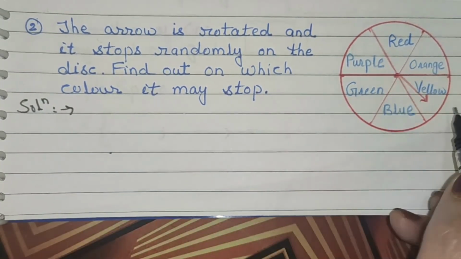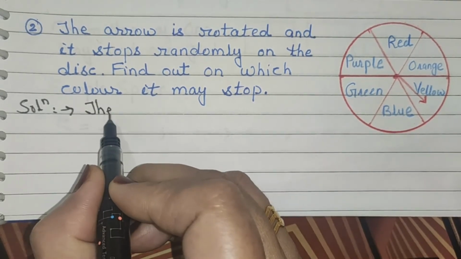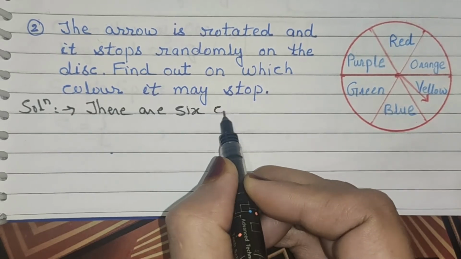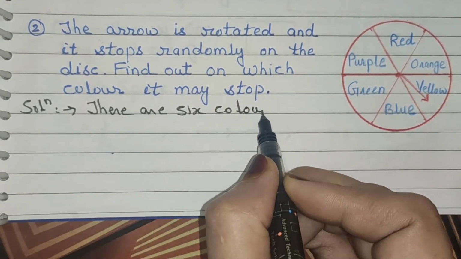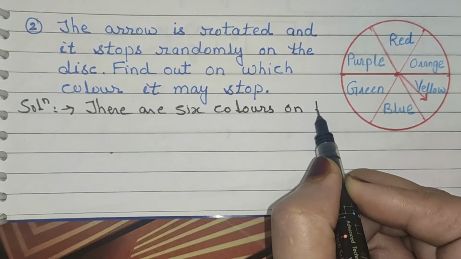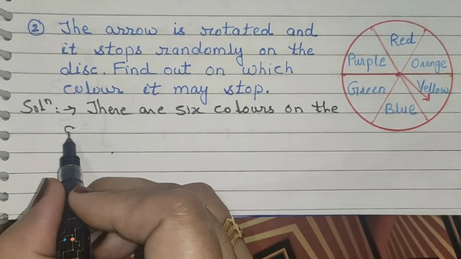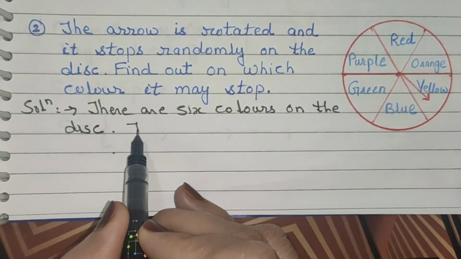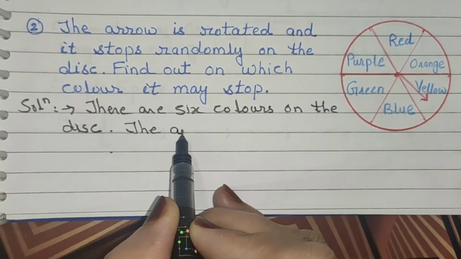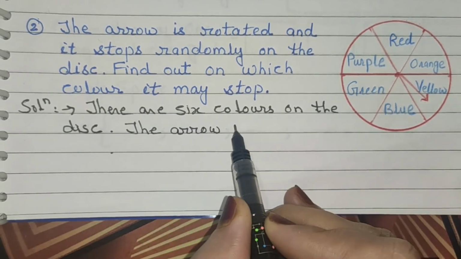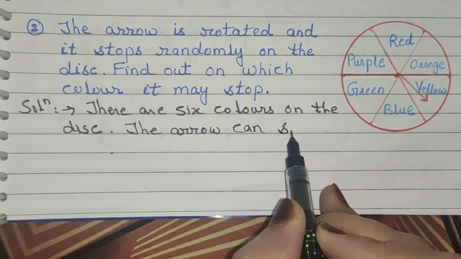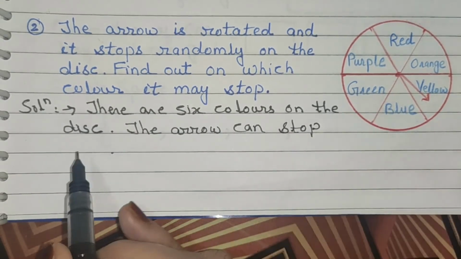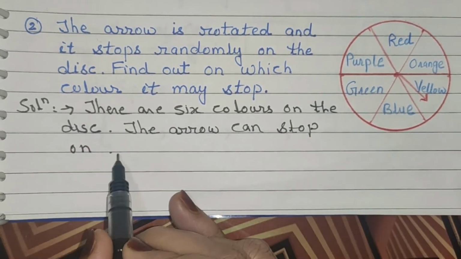There are 6 colors on the disc. The arrow can stop on any of the colors.